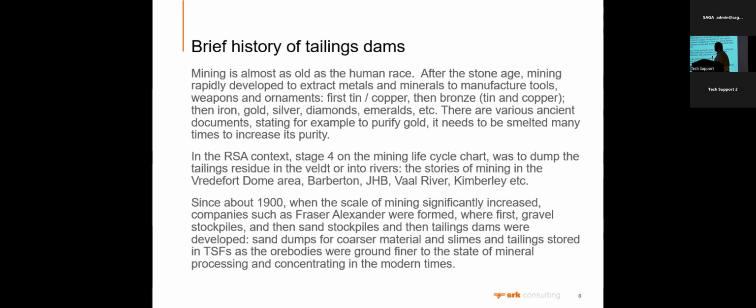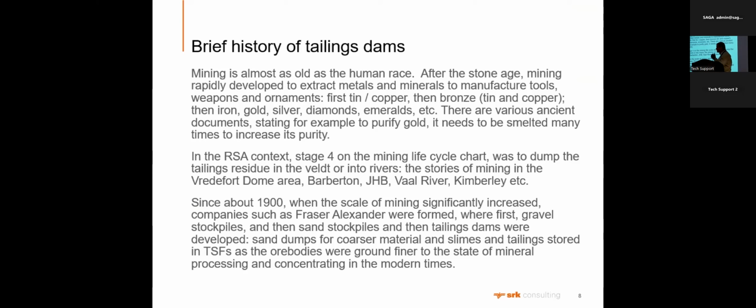I just want to briefly say something about tailings dams. Mining has been around almost as long as there have been human beings, and there's been a progression. Initially, mining just dumped the tailings into the rivers and the like.